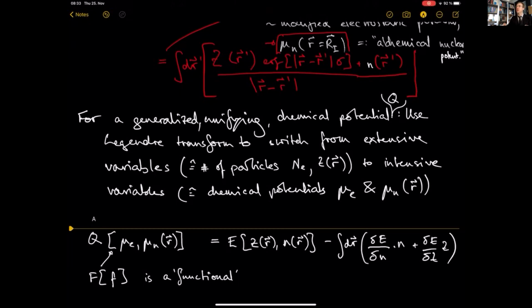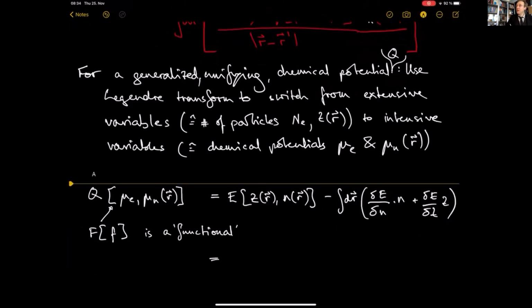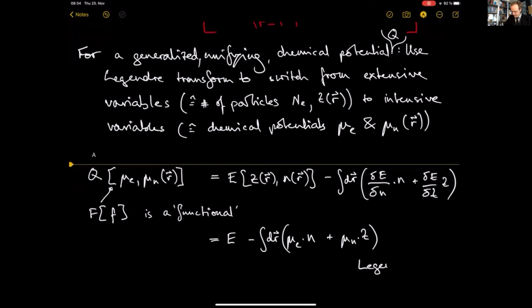So this is the Legendre transform, and thanks to Euler, we know that this, in short, is your mu E times N plus mu N times C. So now our Q is a functional of this chemical potential, right? And you can go back and forth between Q and E depending on what your variable should be.